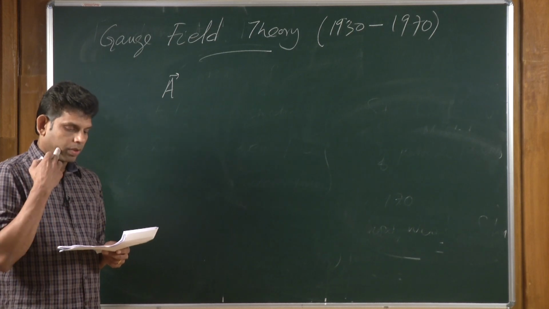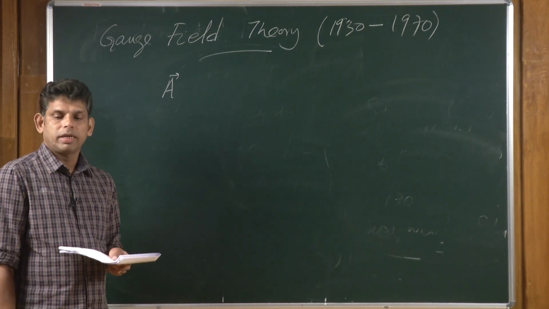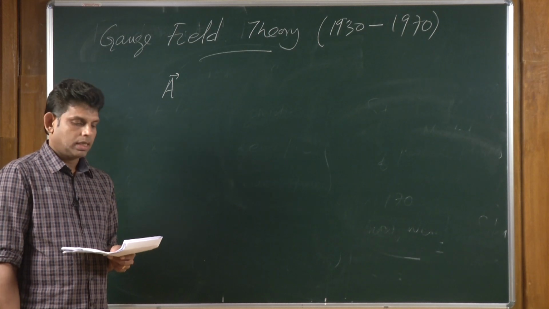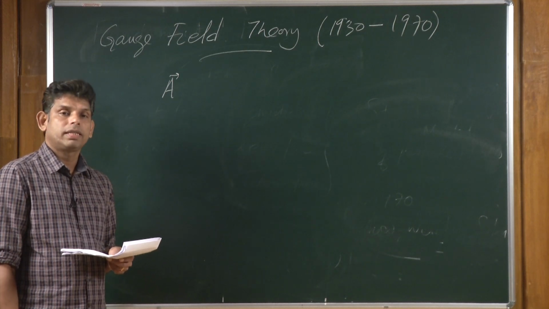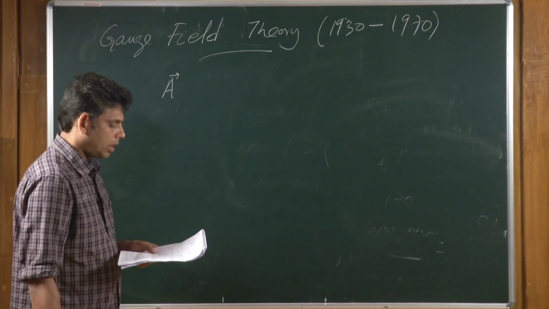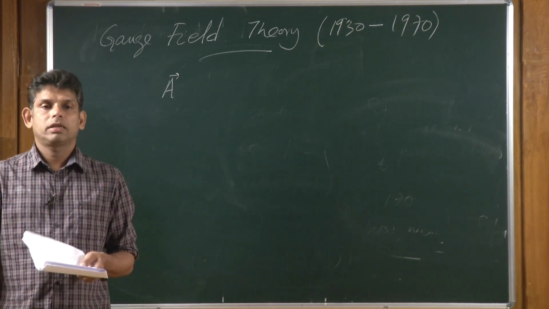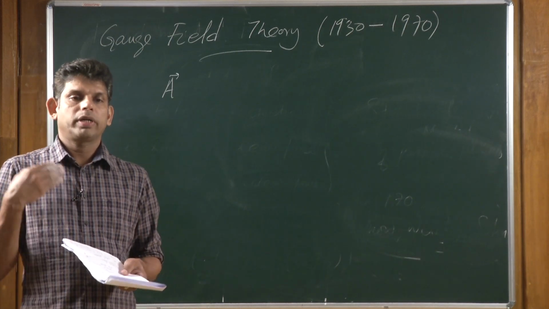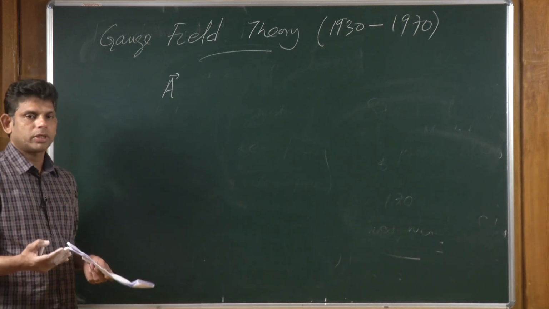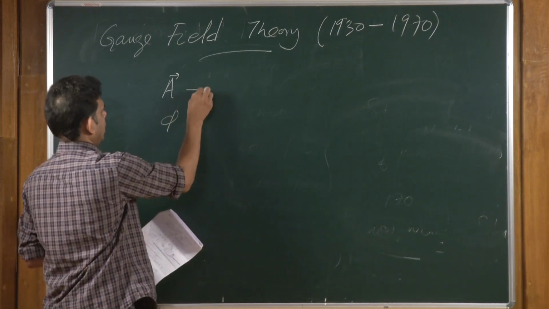So, a short description of this gauge symmetry, which dictates the gauge field theory, can be understood by looking at how the magnetic vector potential and the electrostatic potential together behave.